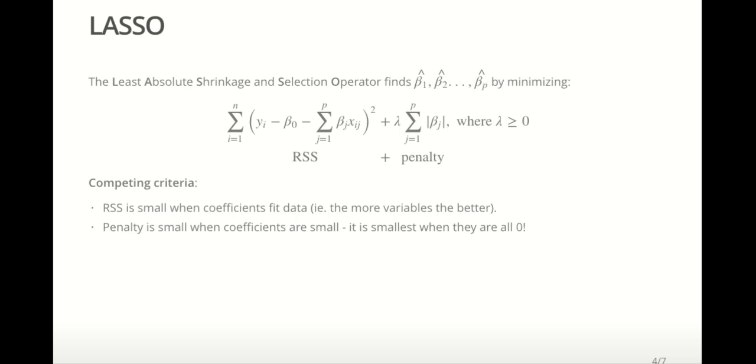These two pieces compete with each other. The RSS piece on the left will be smaller when more terms are in the model, and coefficient estimates fit the data well. The penalty term on the right will be smaller when coefficients are small. It is smallest when the coefficients are all equal to 0. So the penalty term will shrink coefficients, sometimes even shrinking them to 0.